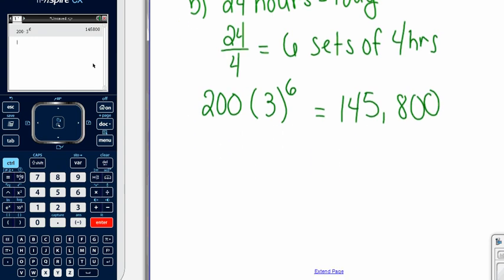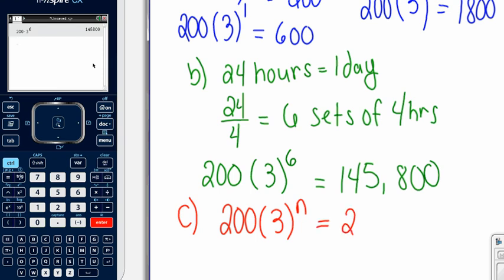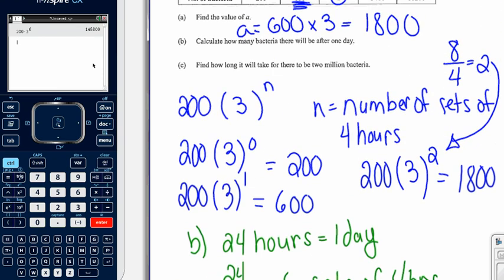So before, when we were answering this kind of question, we would graph it. We'd say, okay, 200 times 3 to the n, where n is sets of 4 hours, is equal to 2 million.